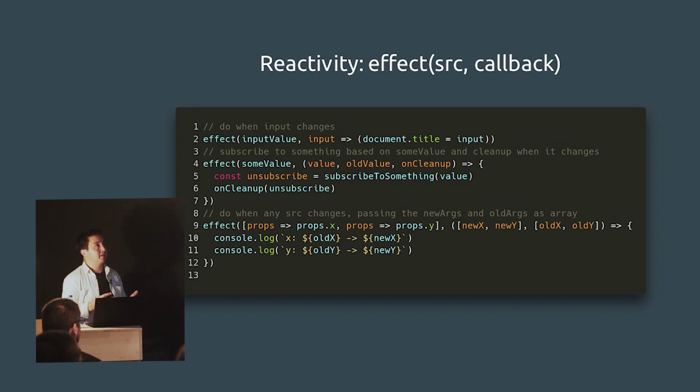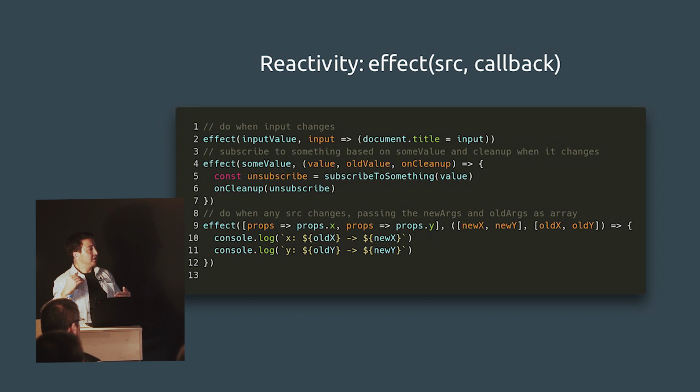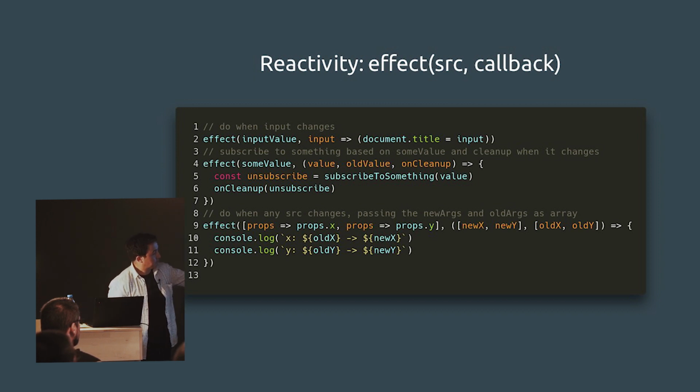I don't know, maybe an intersection observer or a store from Redux or whatever. And then, okay, on cleanup, I will unsubscribe from the thing I've done before. So every time this value changes, I will unsubscribe from the last subscription and subscribe again to the new one. This example here is just showing you are watching props.x, props.y, and we're getting the new x, new y, old x, old y.